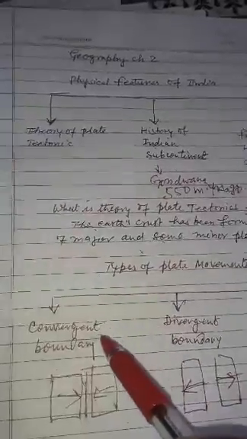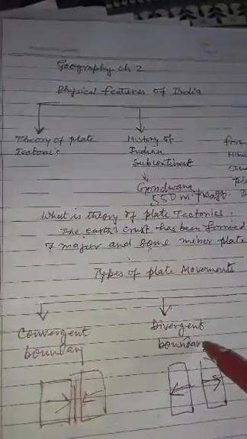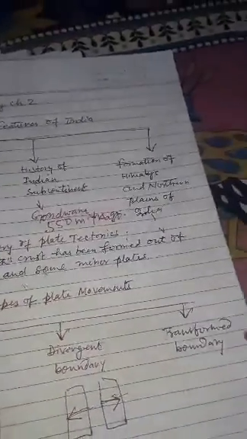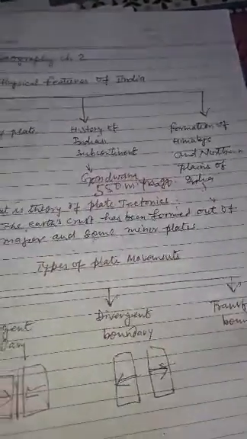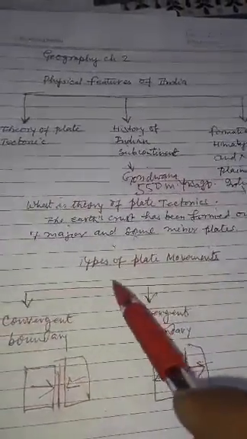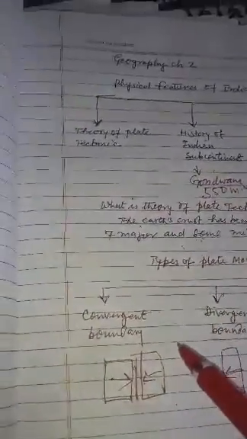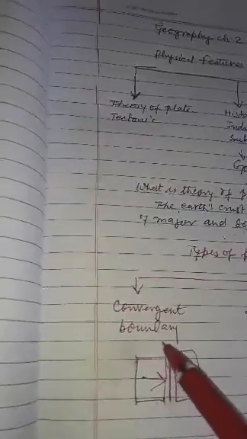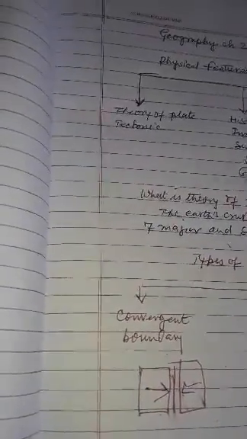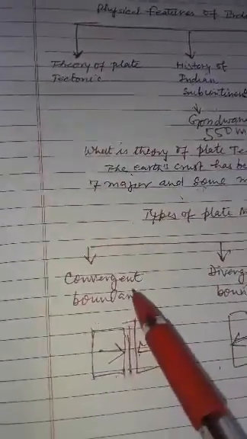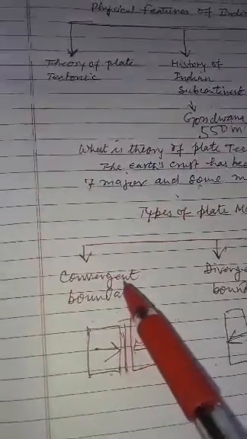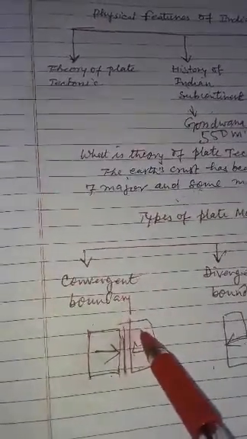They are number 1 convergent, number 2 divergent, number 3 transform. We shall study about the types of plate movement, what type of movements take place inside the crust. So let's see first of all convergent boundary.